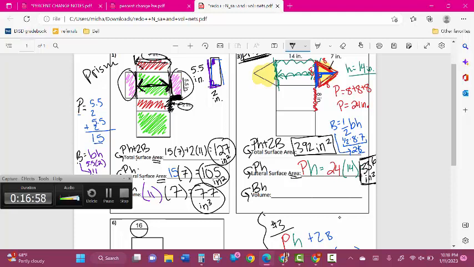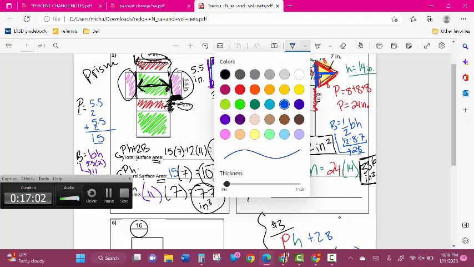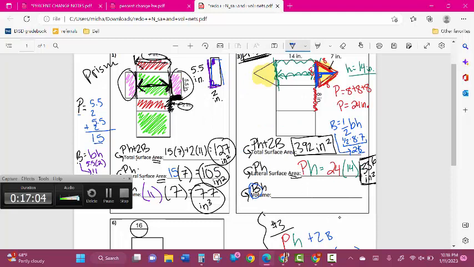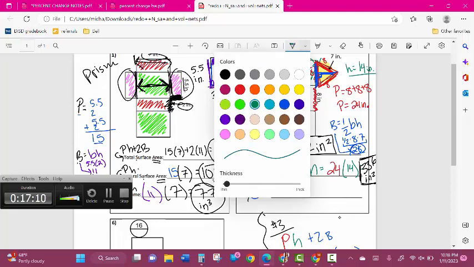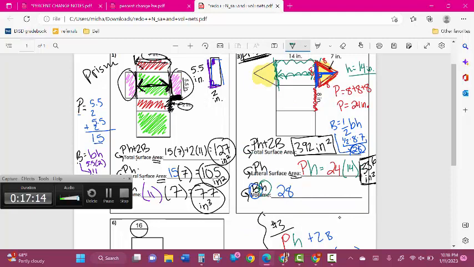Okay. And now I'm looking for capital BH because next up is the volume. And capital B is 28 times little h, the height of the prism, which is 14.